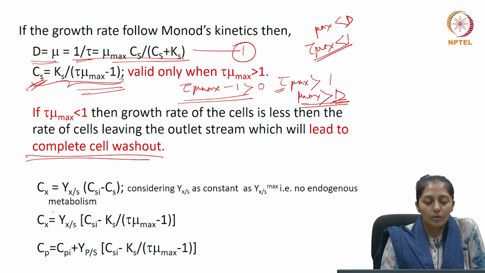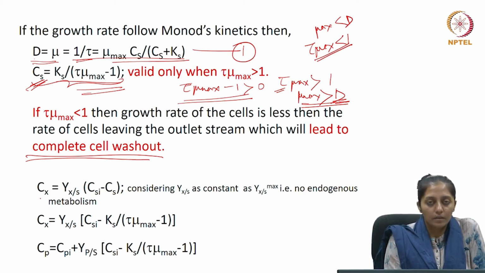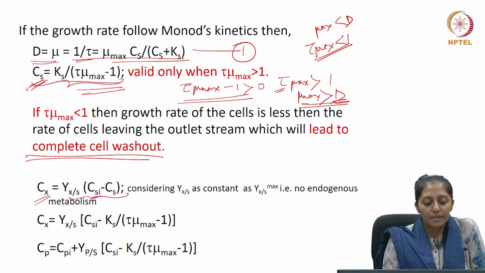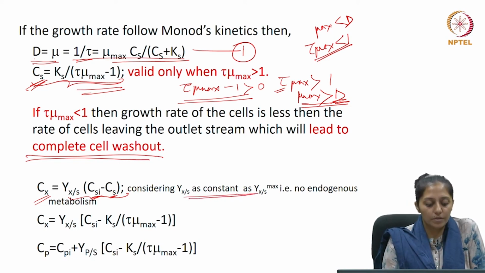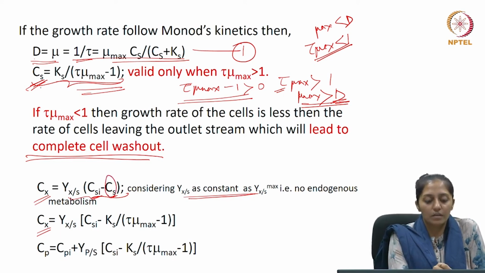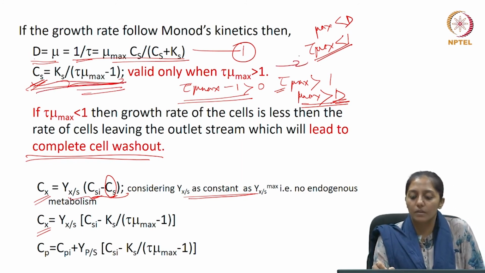Now, for continuous reactors, for a sterile feed stream, your biomass can be a function of Yx by S multiplied by this, the feed concentration, minus this, the concentration in the outlet stream. Now, assuming that Yx by S is constant, which is its theoretical value with no endogenous metabolism, then your biomass concentration at steady state in the outlet stream can be calculated in terms of the steady state substrate concentration in the outlet stream, which we just found above in equation 2.